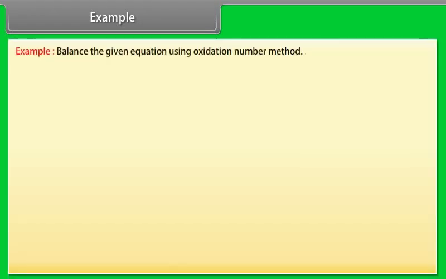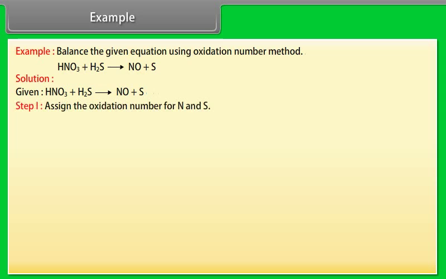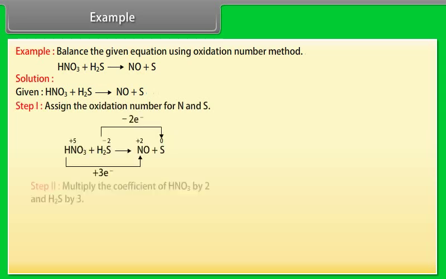Example. Let us take an example of balancing the equations. Balance the given equation using the oxidation number method. Let's see the solution. Here, the given equation is HNO3 plus H2S gives NO plus S. Step 1. Firstly, we assign the oxidation numbers of N and S. Step 2.